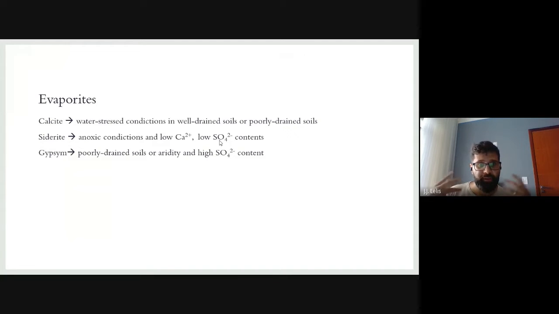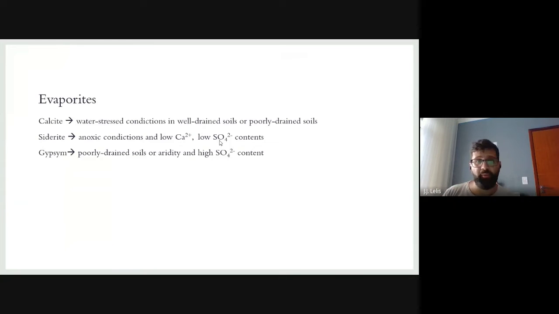The roots increase the pressure of carbonate inside the soil, and we have a high content of iron 2 only in anoxic conditions, when we have poorly drained soils, when we have a water table very close to the surface or influencing a horizon or layer.